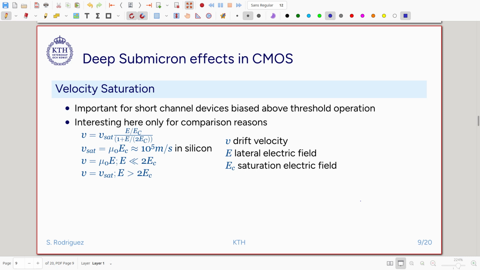Now, when we are working with modern transistors, the equations that we have studied can differ a lot, and one of the problems is that in short channel devices biased at much higher voltages, the drift velocity saturates.